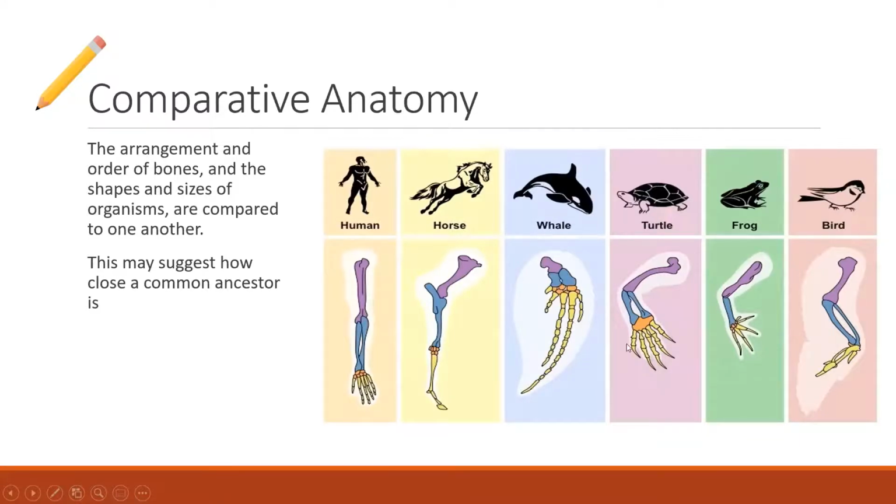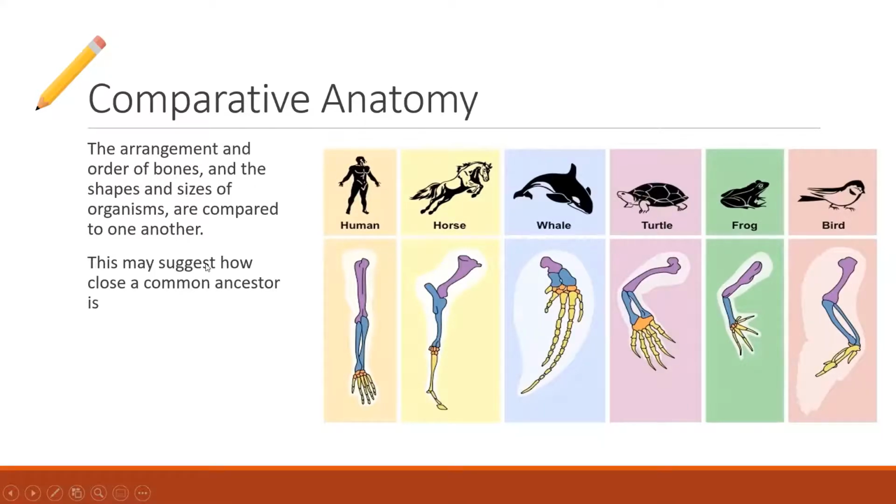Most of them seem to have a gap. And you can also tell that they all have these long finger things. The bird even has sort of a finger thing at the end of its wing. So you can actually use these to compare these different things. The arrangements and order of bones and the shapes and size of organisms are compared to one another. That's how you do comparative anatomy.